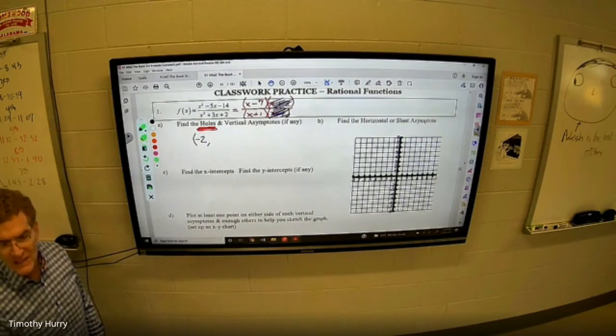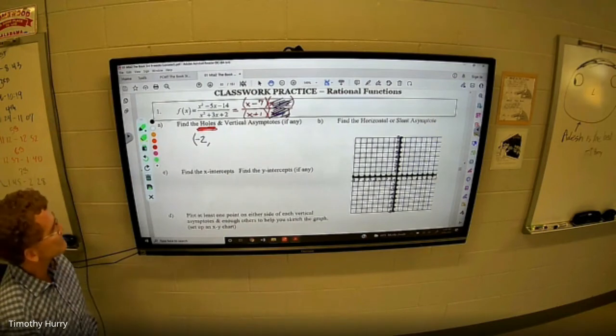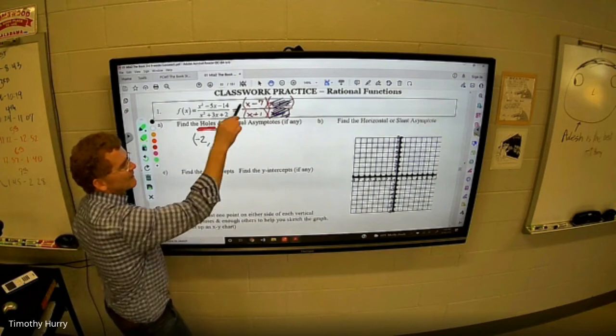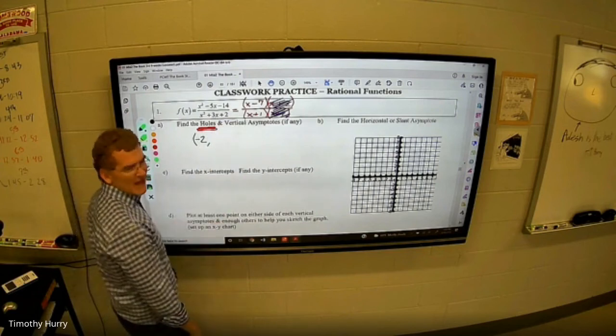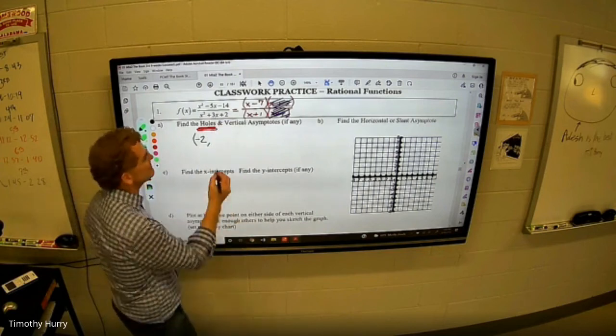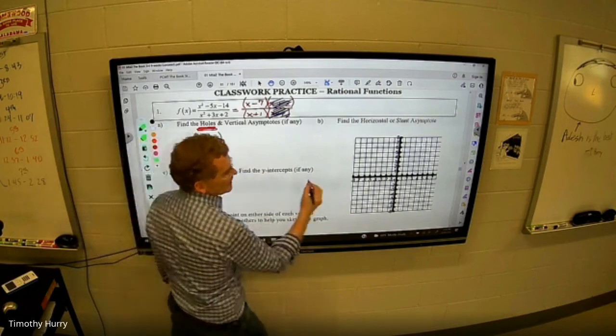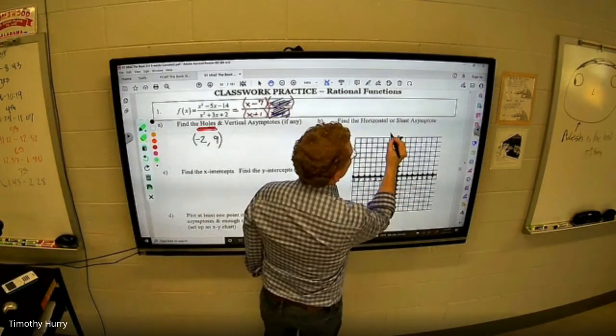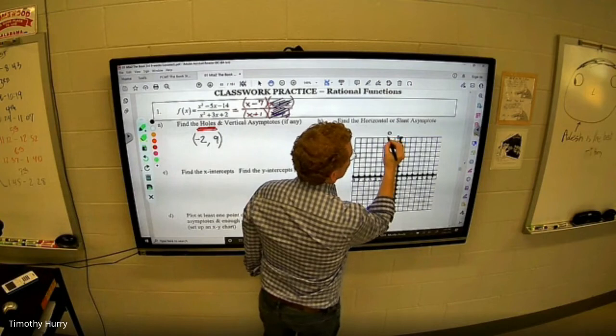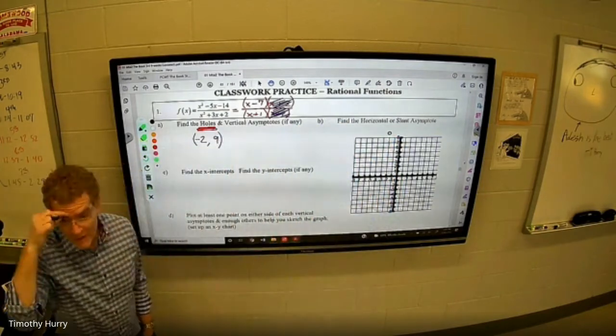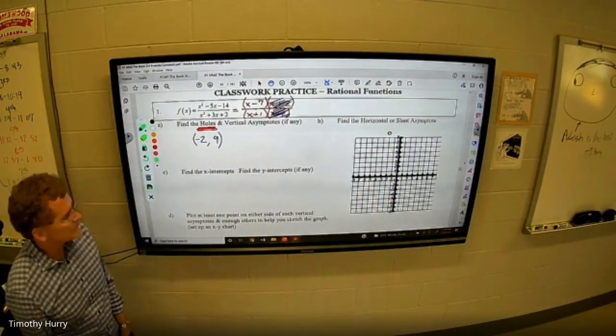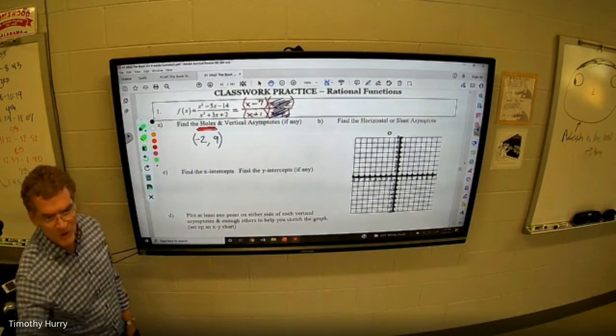So what is the y coordinate of my hole? Plug that back in. -9 over -1, so 9. Sorry, my graph does not hold that, but we're still going to mark that as a point, a hollow point, basically a hole. So you do an open circle for that. -2, 9. Done with holes.